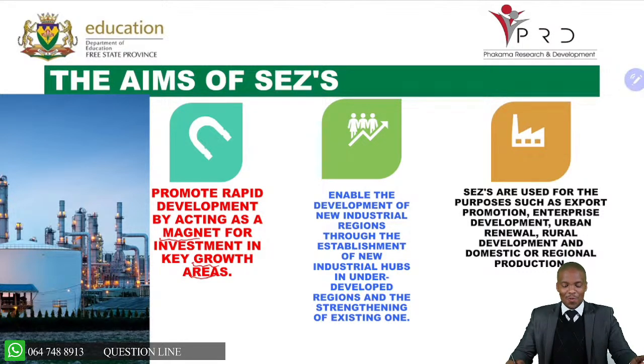And also, within the areas that we stay in, the production of goods and services by default promotes urbanization, hence we are saying urban renewal. By default, once there are fully functional factories that adhere to international best practices, rural development will be achieved. Then the goods that are produced will help us domestically, that's the country, and also within the regions. Hence, regional production will therefore take place.